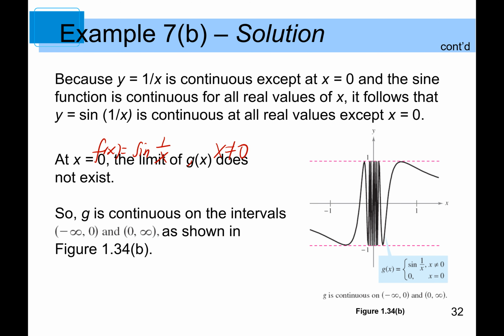As you can see, this is a graph for this g of x. And we know that it's continuous everywhere except at 0, right? So it's continuous on the intervals -infinity to 0, which is an open interval, and the open interval of 0 to positive infinity. Okay? And when you graph it, you can see this a lot better.